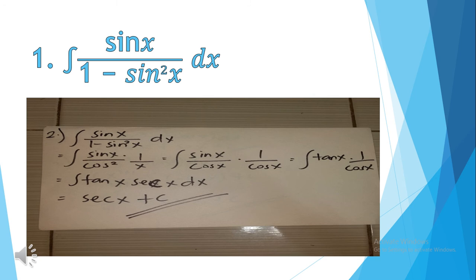So the next step is the integral of tan x multiplied by 1 over cos x. So we get the integral of tan x secant x dx. The integration of this trigonometric function is secant x plus c, which is our final answer.